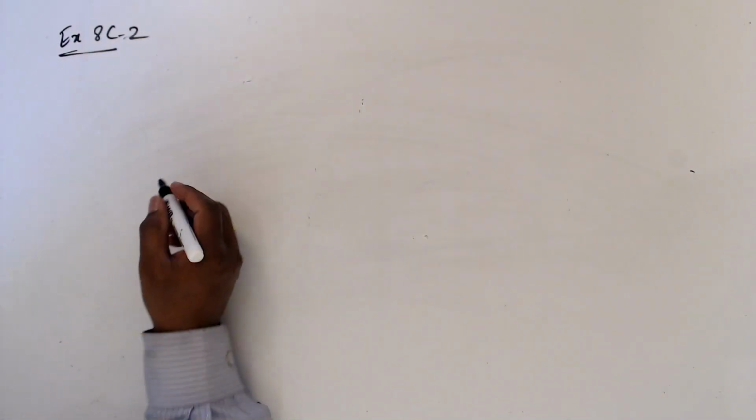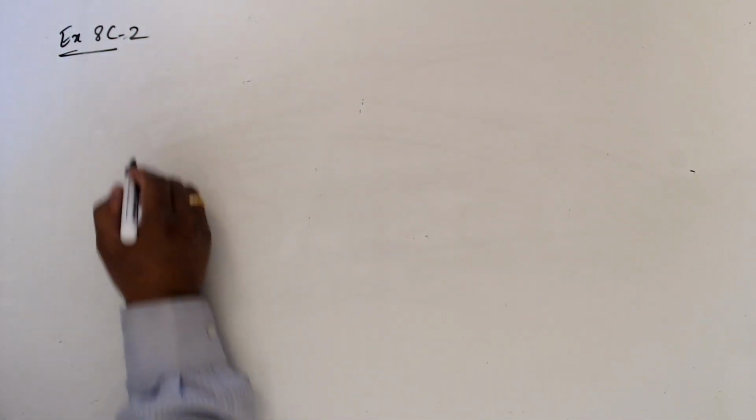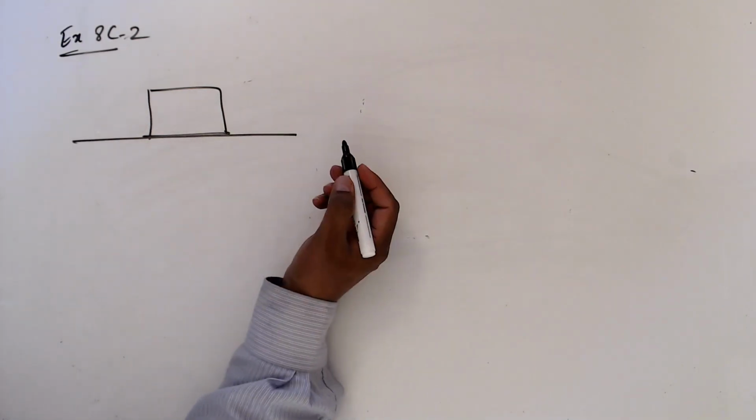Question number 2. A box is pushed along the rough ground. So there's a box and it is pushed along.